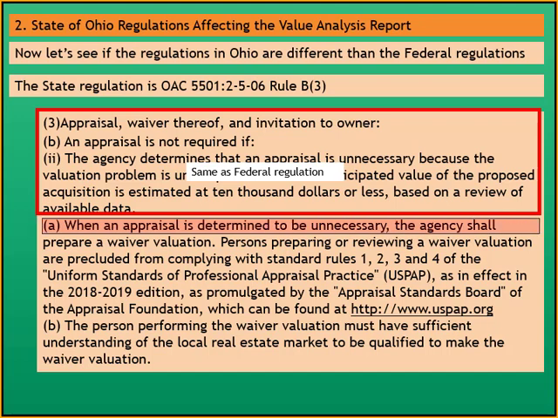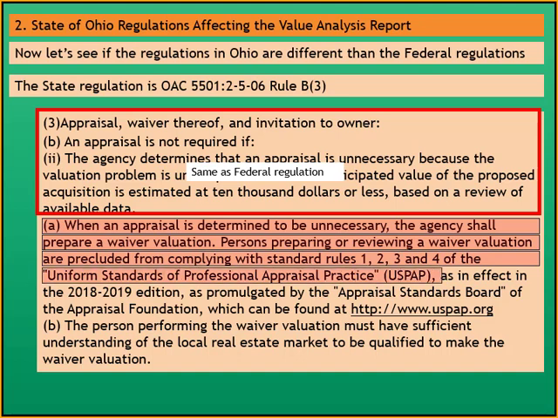What we're looking at now is not in the federal regulation. And it says, when an appraisal is determined to be unnecessary, the agency shall prepare a waiver valuation. Persons preparing or reviewing a waiver valuation are precluded from complying with standards 1, 2, 3, and 4 of USPAP.